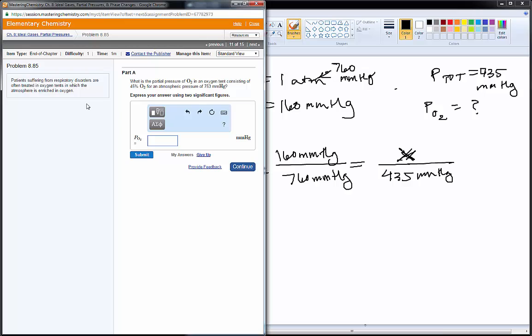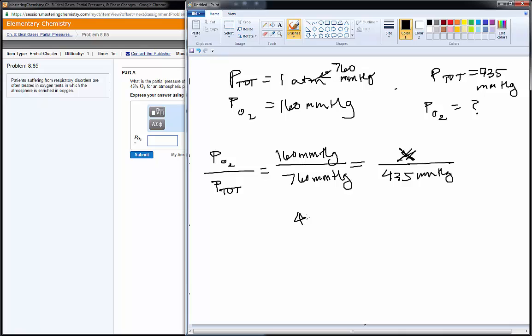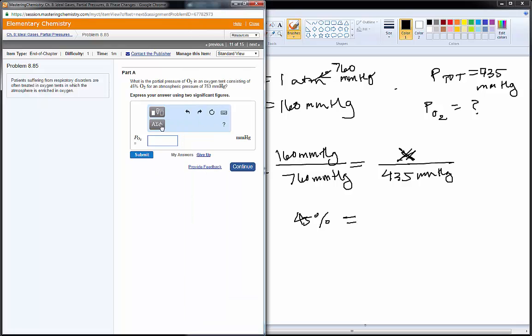This is a very similar problem, except instead of going on a high mountain that has a very low pressure, now I'm going to look at a situation where I have a higher pressure of one thing. But in fact, this is an easier problem. It's telling you that the fraction is 45%. Remember, at our last problem, the fraction was 21%. So that's the fraction.